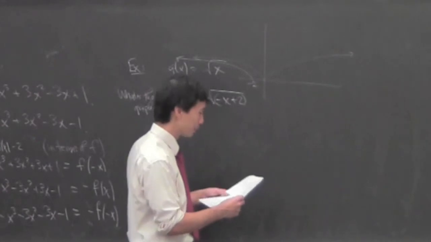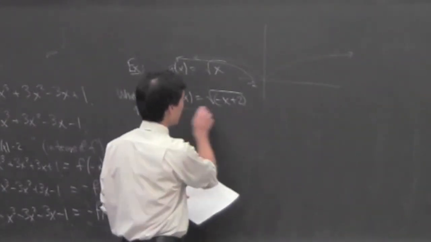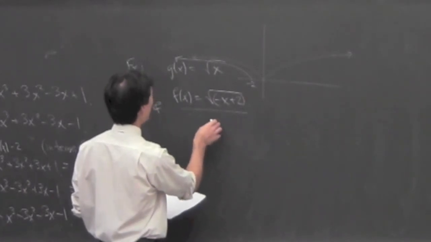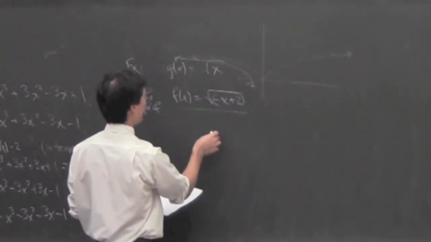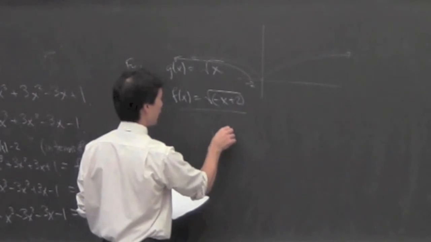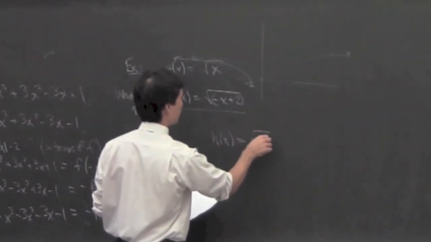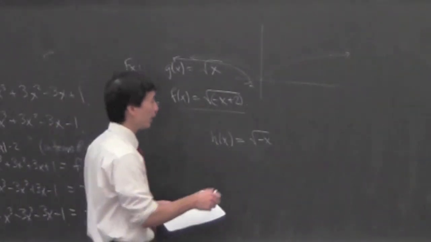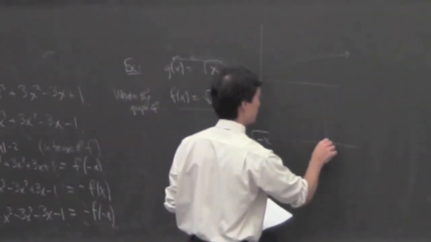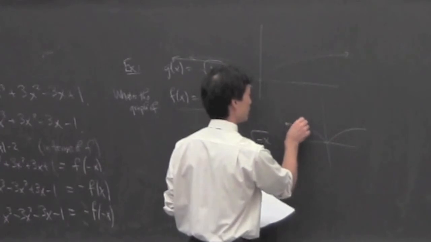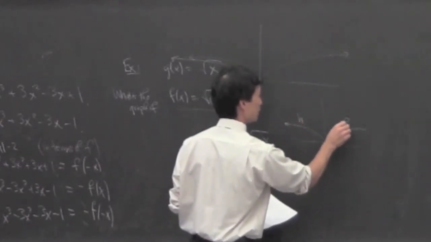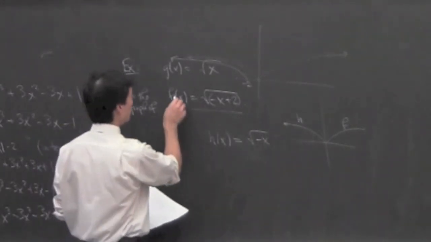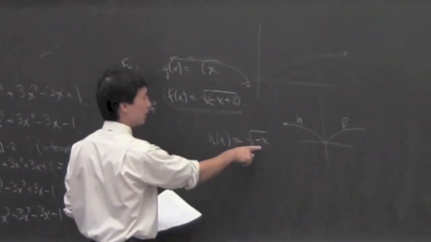Okay, so I think of this in 2 steps actually. If I make an intermediate function, h of x is root of negative x, then that guy, I know what he is, right? It's just reversing the time. Here's h. This is f, that's h, right? But f of x is not that.